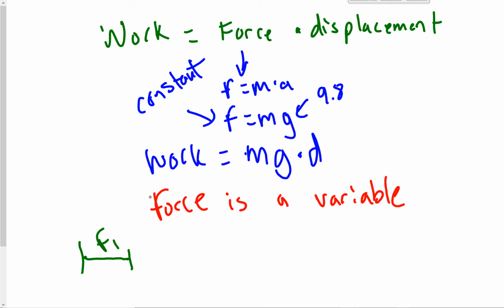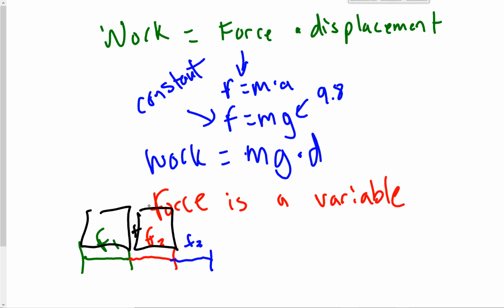But then as I move to the next distance, this is a different force applying on my object. And then maybe a little bit later, I have a third force applying on it. So the force is changing. So if it's not a constant force, but the force is a variable, that means I would take the force of this plus the force of this one plus the force of this one, add those up, and then multiply it by my displacement, right?